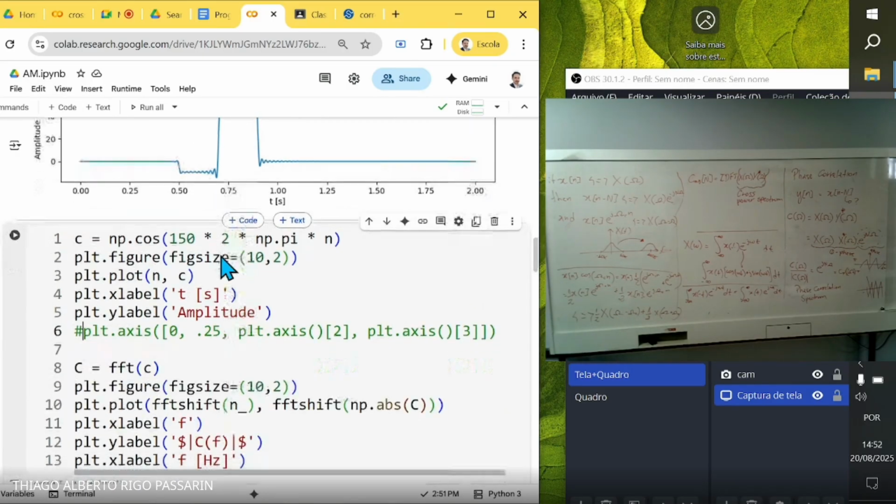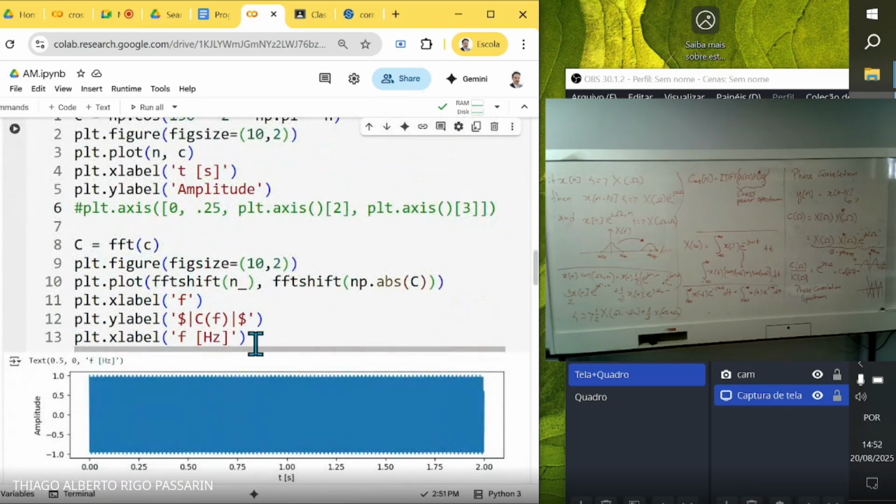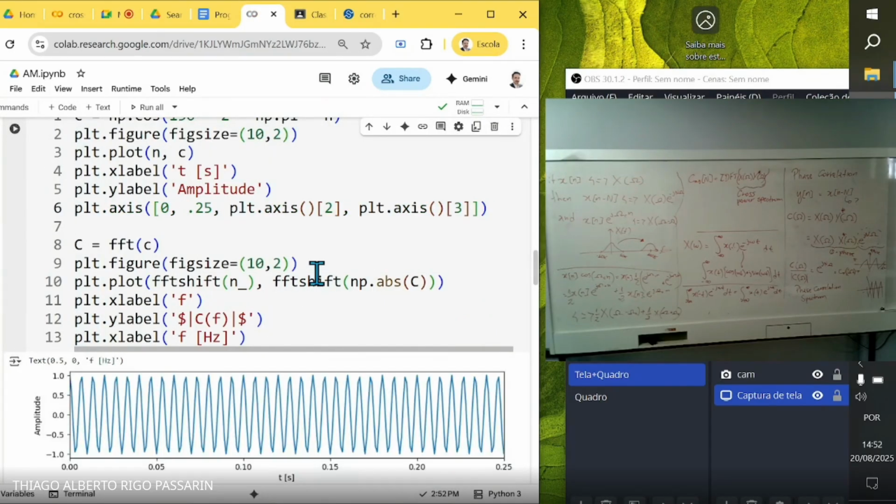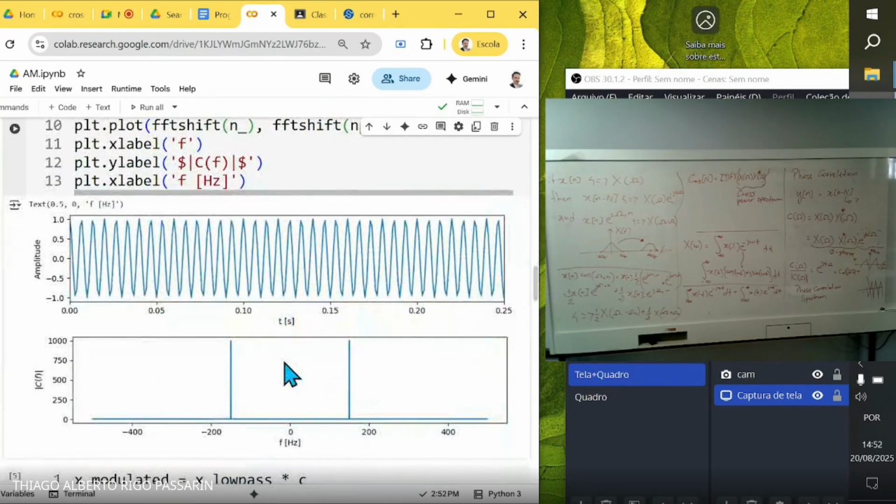So, carrier, here it is. Let's do the zoom here again. And here's the spectrum, the discrete time Fourier spectrum of my carrier. We know that the spectrum of a cosine is a pair of impulses in the frequency domain.